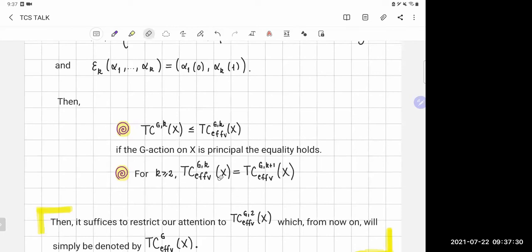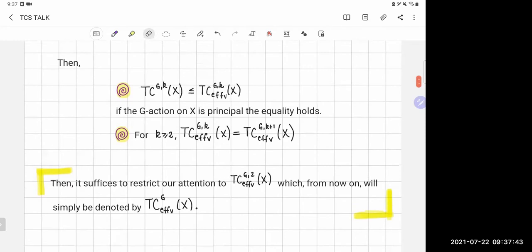This property tells us that our effective version stabilizes as k grows. In fact, it stabilizes at k equals 2. And from now on, this symbol will be denoted just like this, the effective TC of X with respect to G.